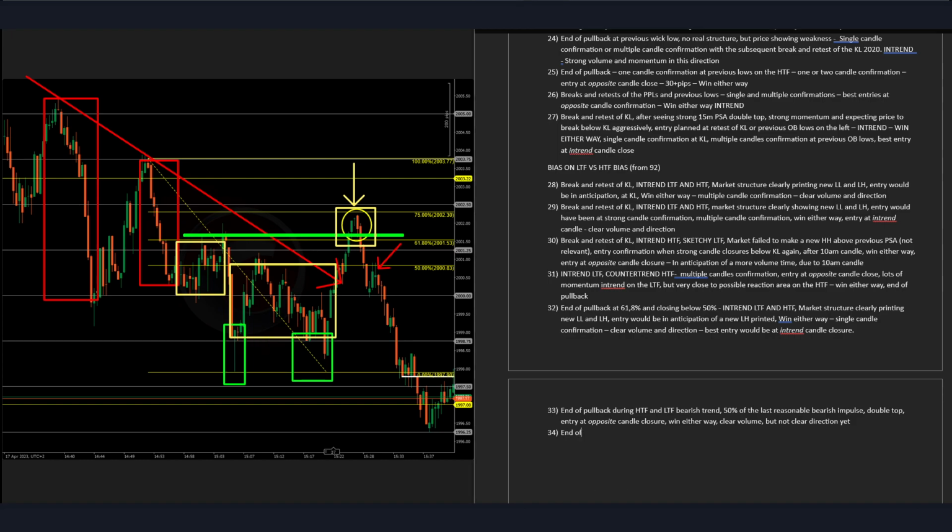So, end of pullback at 75% retracement. High time frame in trend, but not really lower time frame. Price action is messy and directionless.